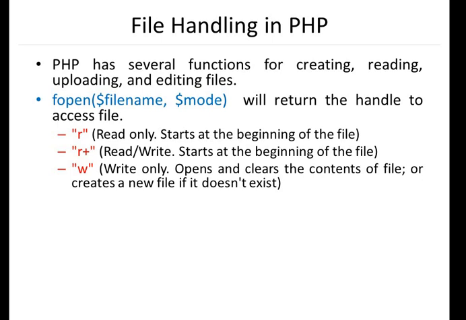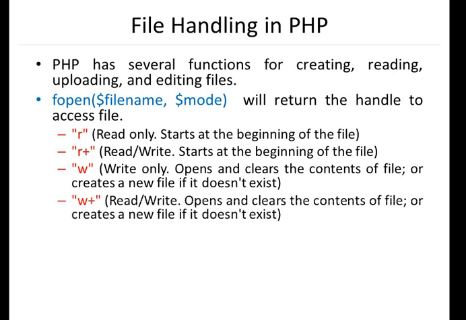If you noticed, open and clear the content of the file means that if the file already exists and has some content, then this content will be removed and you are just overwriting the file. If the file doesn't exist, it's not an issue, it will create that file and you can write. But if it exists, then data will be overwritten.